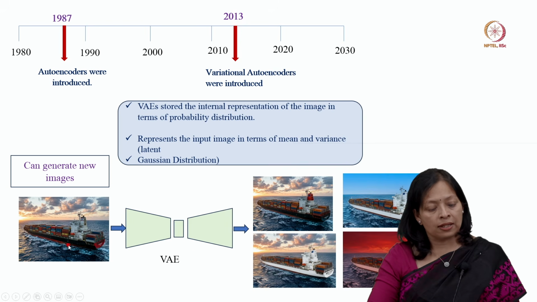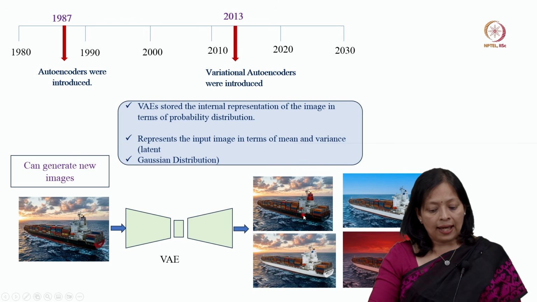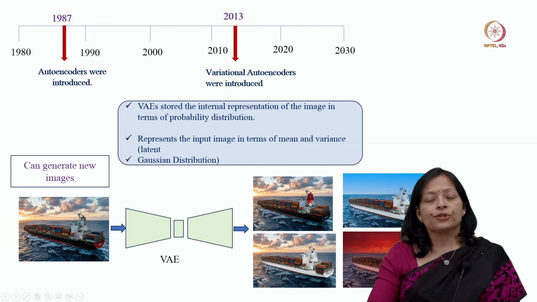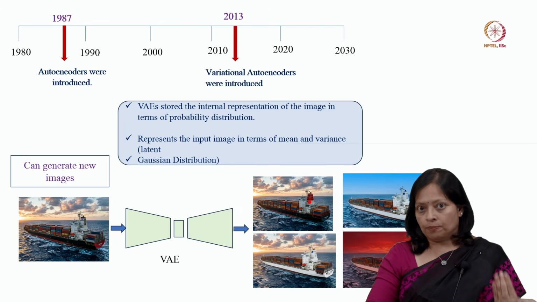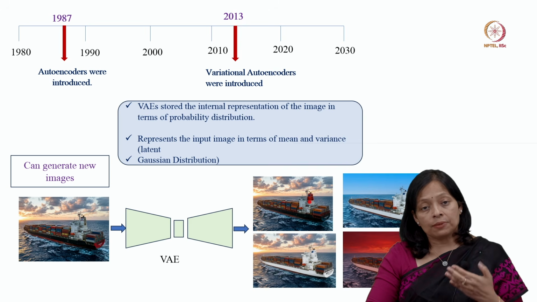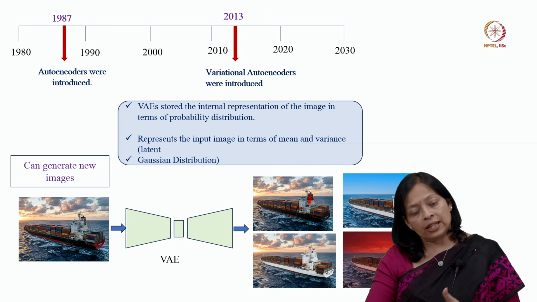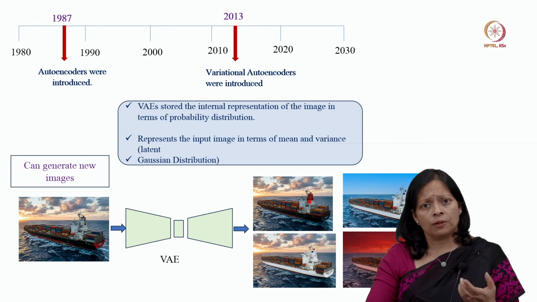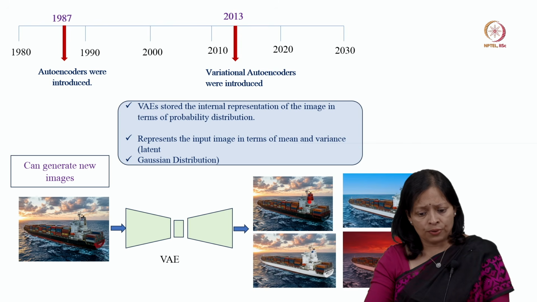Here it is white, whereas the input one was black, and here it was white, here it is red. So, these are the variations of the input image. That became possible in variational autoencoders, because the internal representation of the image is kept as a probability distribution.